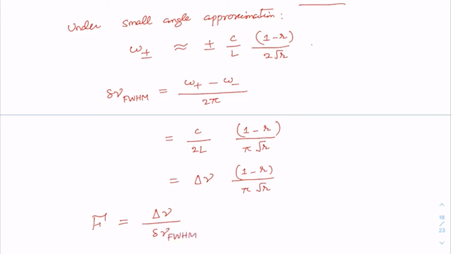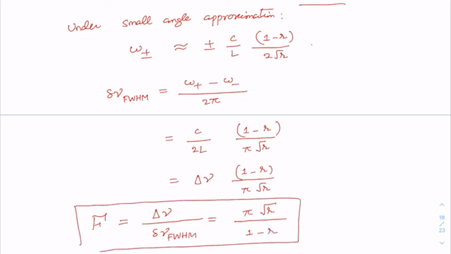So from here we immediately get an expression for the finesse for this planar cavity when both the mirrors have reflectivity R. So this is an important quantity.